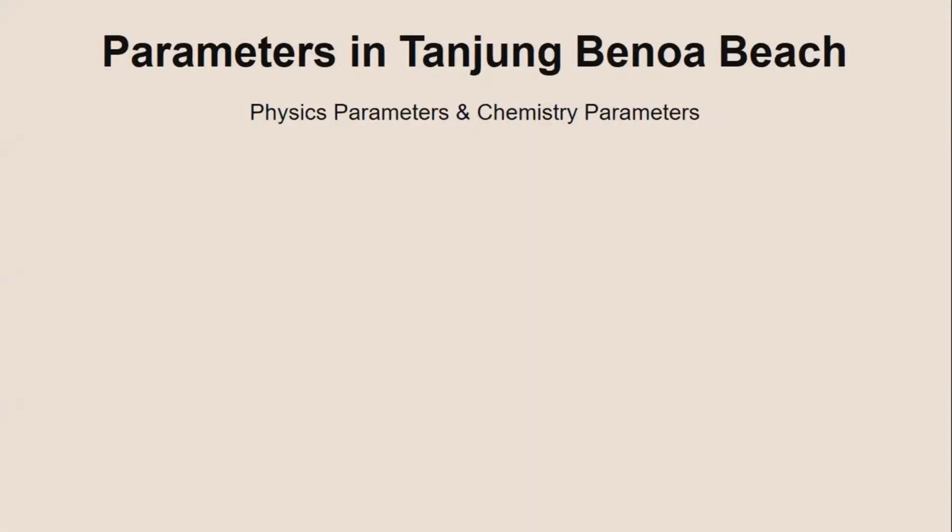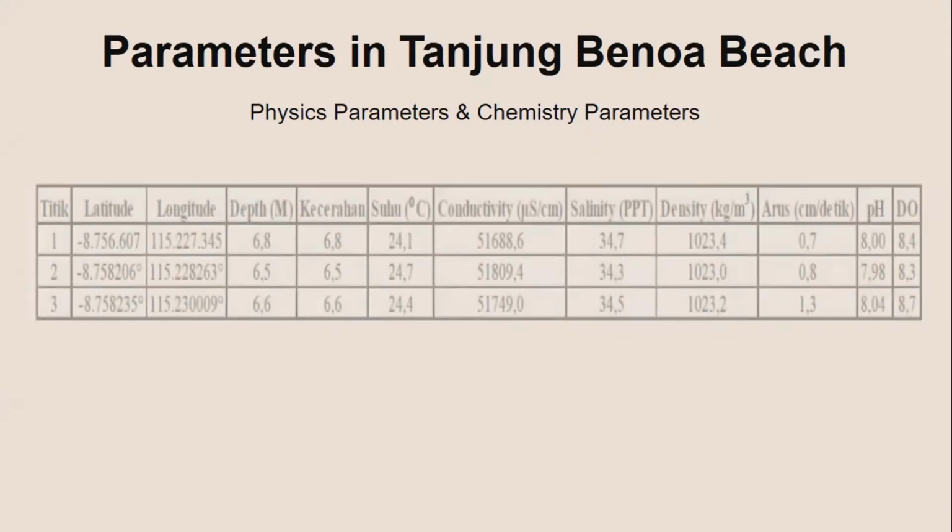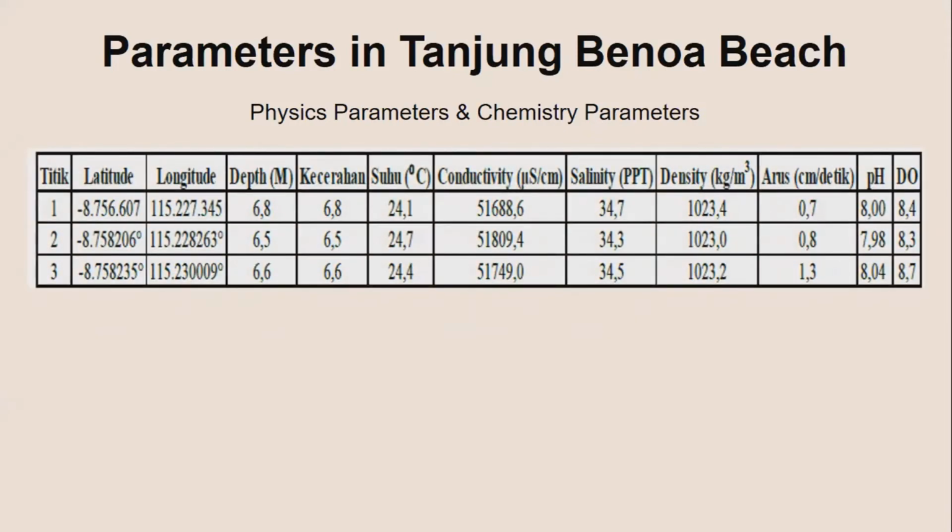On the next slides, I will tell you about the parameters in Tanjung Benua Beach. There are physical and also chemical parameters. The samples are taken around the water sport, in the north and also in the south of Tanjung Benua.